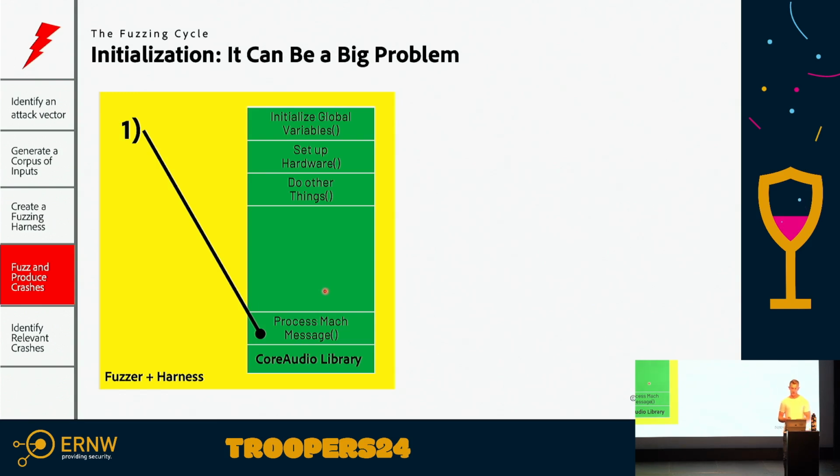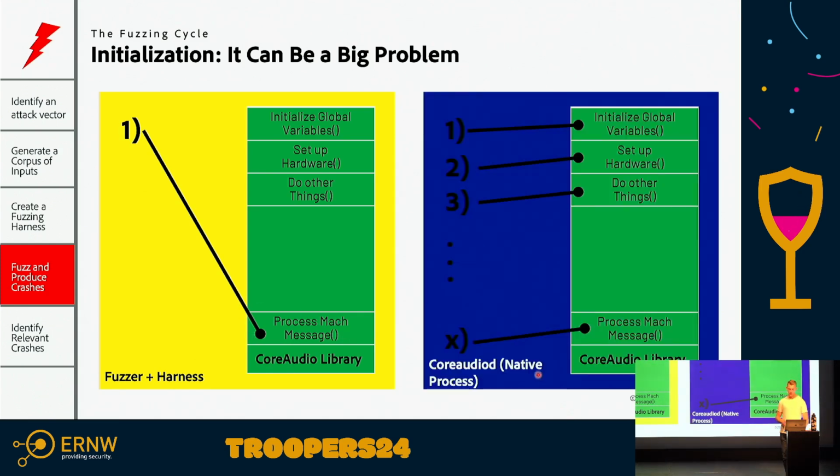So let me illustrate this a little bit more and talk to you about why we need to think about initialization of the process that we're fuzzing. So in our case, we have our fuzzer and fuzzing harness. We are calling a function within the core audio library. We already talked about that. And we're just right off the bat calling this process Mach message function with our input.